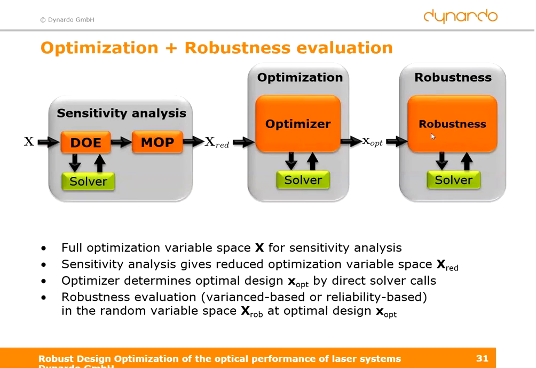You don't only use the design parameters you have chosen before. Here you include also the parameters that really influence your design concerning the robustness, which means there could be environmental factors like temperature, or also loads, or whatever will really influence your design. And this robustness evaluation is based also on the solver response.